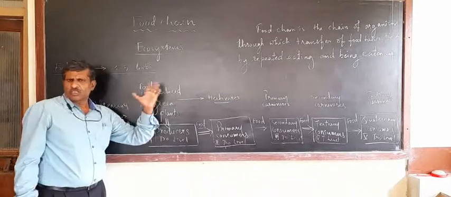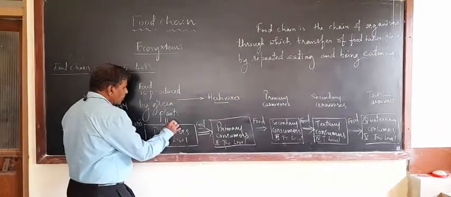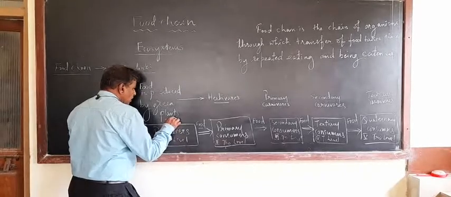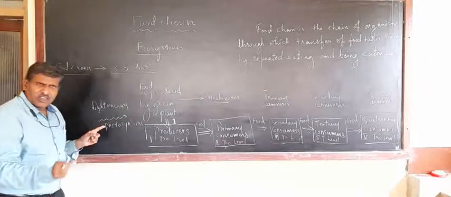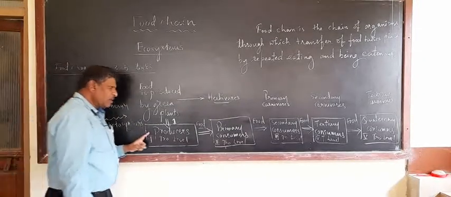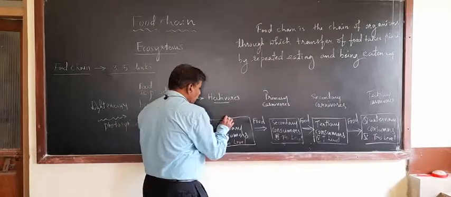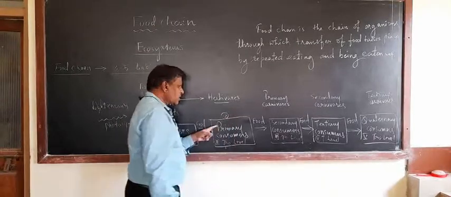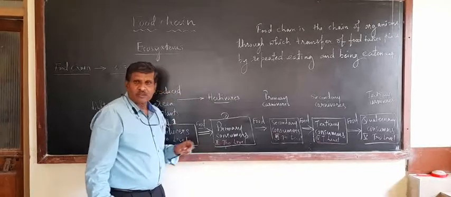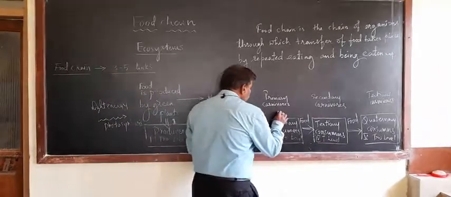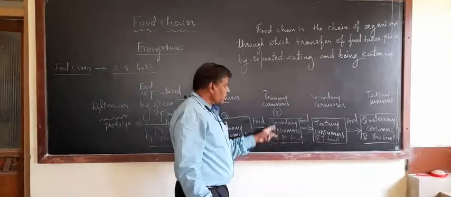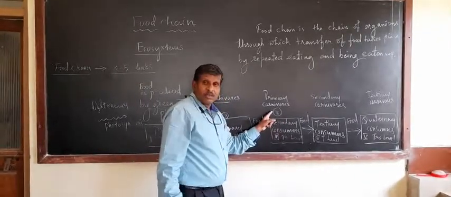You take any ecosystem for that matter, producers are always the organisms forming the very first link. Then from producers, food is transferred to primary consumers. These primary consumers form the second link in the food chain. Suppose secondary consumers are there. These secondary consumers form the third link.